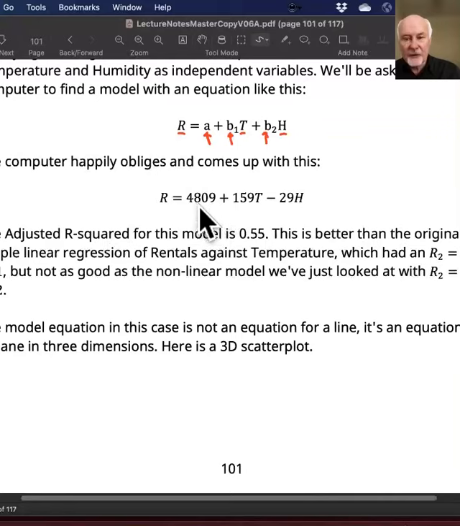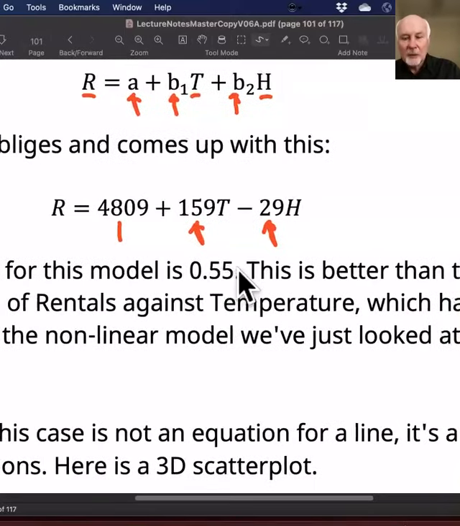So it came up with an intercept of 4809 and a beta coefficient for the temperature of 159 and for the humidity of -29. So how do we interpret that? Well, the 4809, that's the prediction for bike rentals if the temperature was 0 and the humidity was 0.